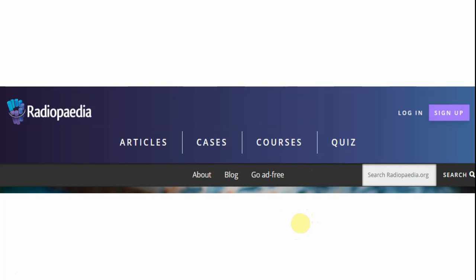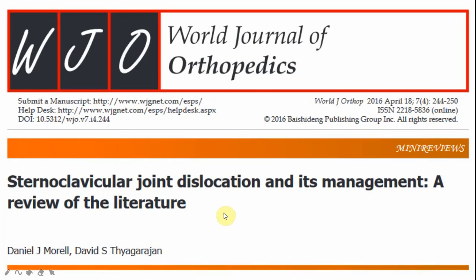Radiopaedia has some interesting stuff as well. They have one article on anatomy and a few articles on subluxation or dislocation. This is the particular article which I would like to refer you to. It's a review article. It talks about the various aspects of sternoclavicular joint dislocation, anterior dislocation, posterior dislocation, and how to manage them, with a little bit further detail.